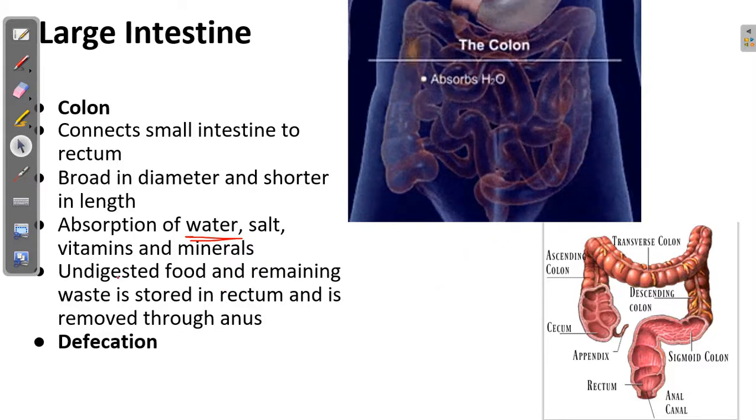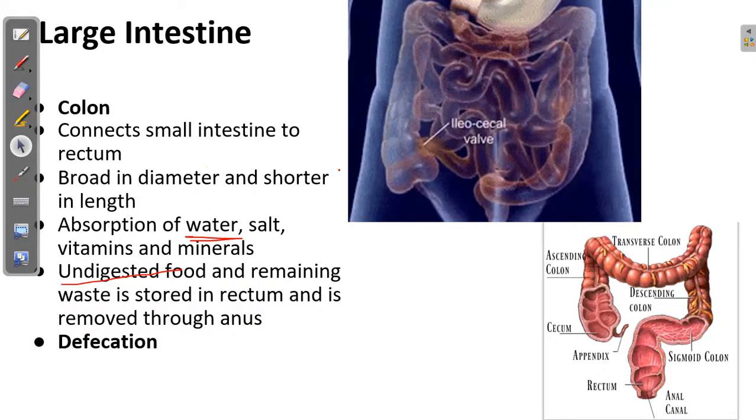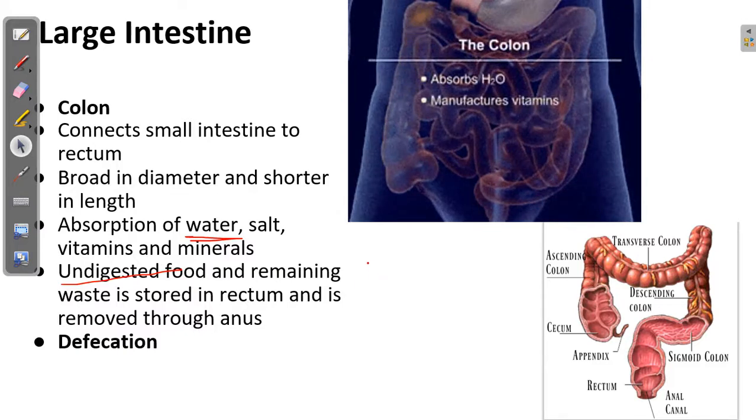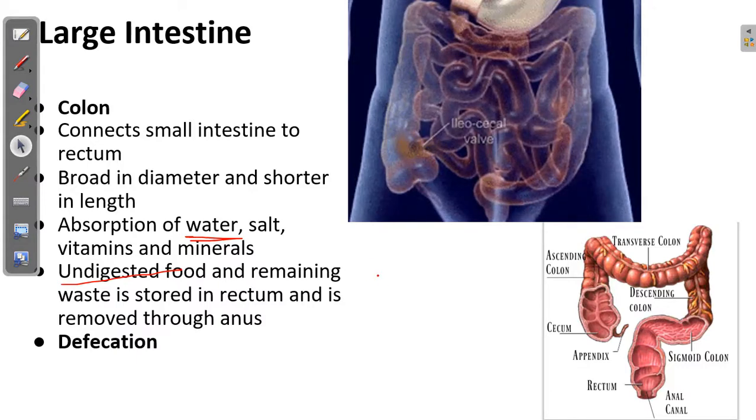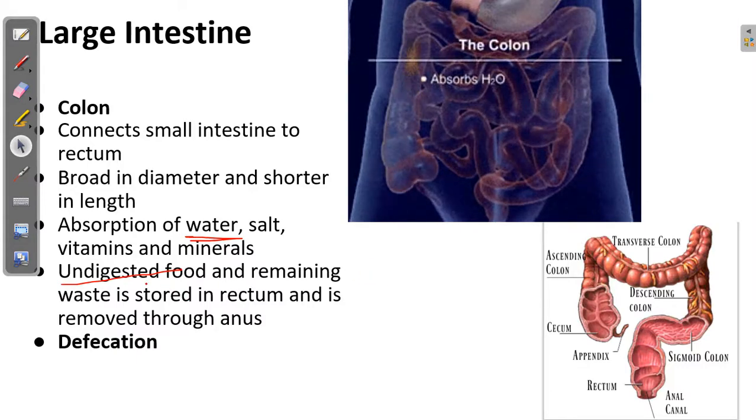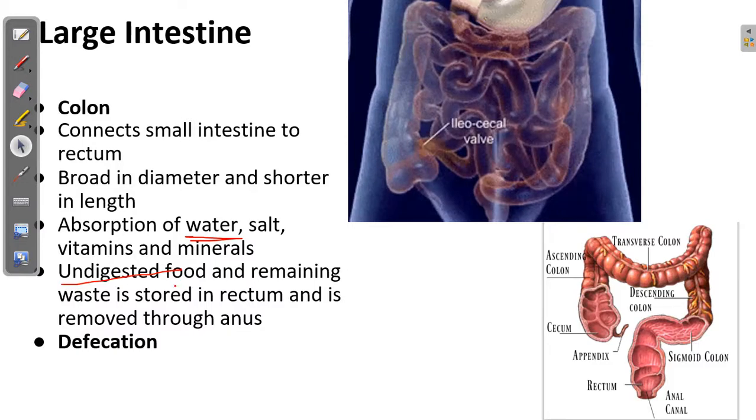Whereas whatever undigested food is present, not everything is digested in the human digestive system. Not each and everything which you eat can be digested into the simplest compound. Hence, this leftover undigested food has to be excreted out of your body, otherwise it will lead to various diseases.